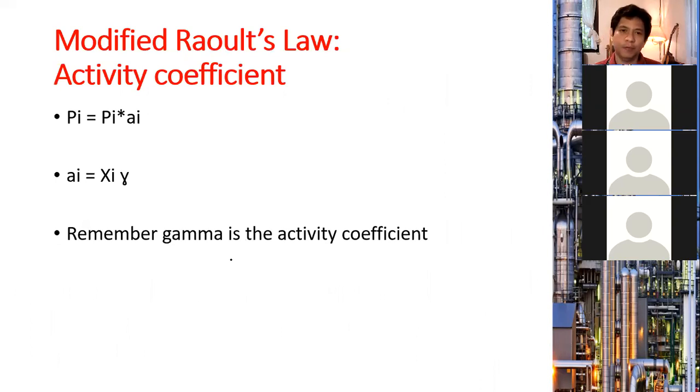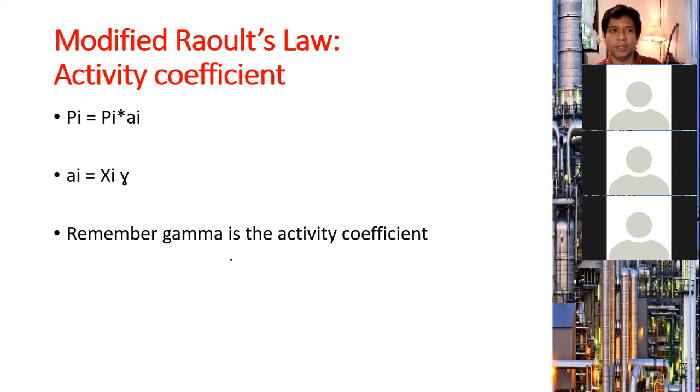Okay, so modified Raoult's law. Actually parang review din lang to ng PChem. I hope naabutan niyo sa PChem ang mga topics na to. So ang modified Raoult's law, ito yung merong activity concept. Do you remember activity? Studies show na yung actual concentration, pag ginamit niyo yung X sub A sa Raoult's law, may error.